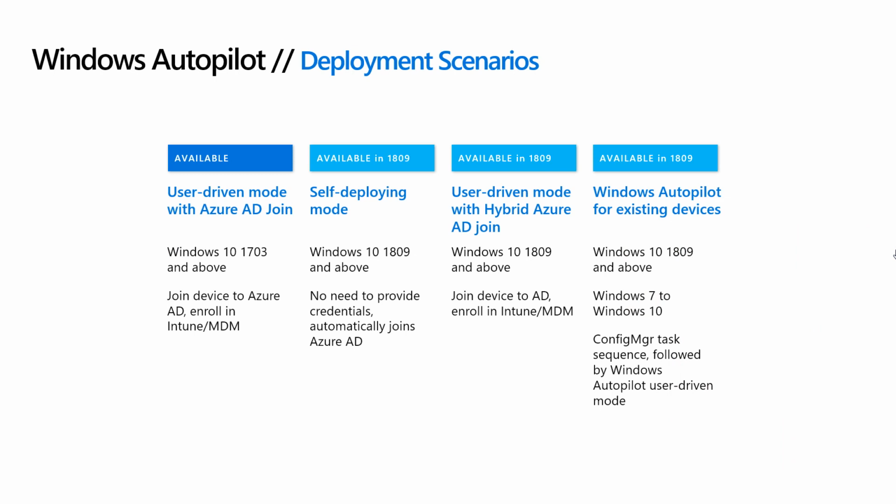Scenarios. The very first and very basic scenario is you can join this computer to Azure Active Directory. One more time, if you can join a computer to Azure AD, you can enroll this computer to Intune. If you can do it, it means you can manage this computer with Intune. So that's the idea. And you can do it with Autopilot. It's called user-driven mode.